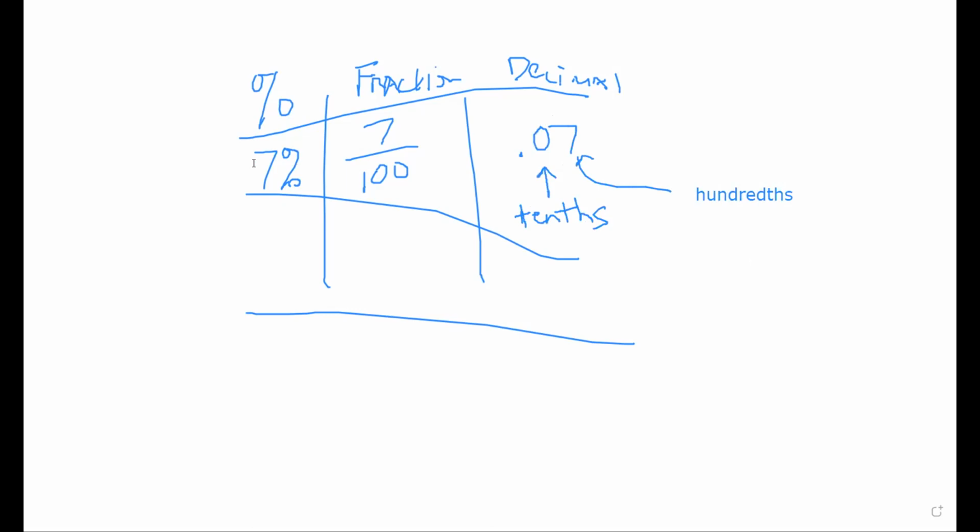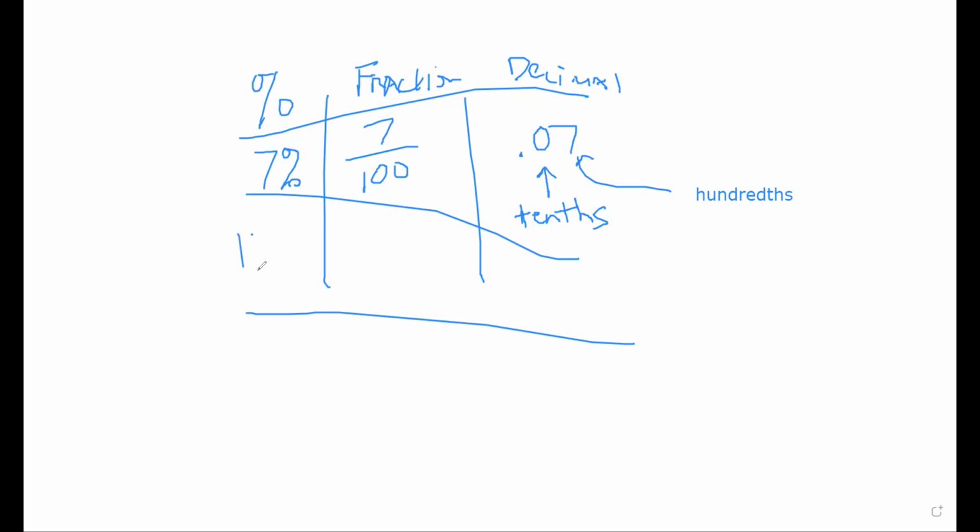If you want to go directly from percentage to decimal, all you got to do is move the decimal place 2 to the left. Because when we move the decimal to the left, we're dividing. We move it one place, we've divided by 10. Move it 2 places, we've divided by 100. So now this 7 is being divided by 100.